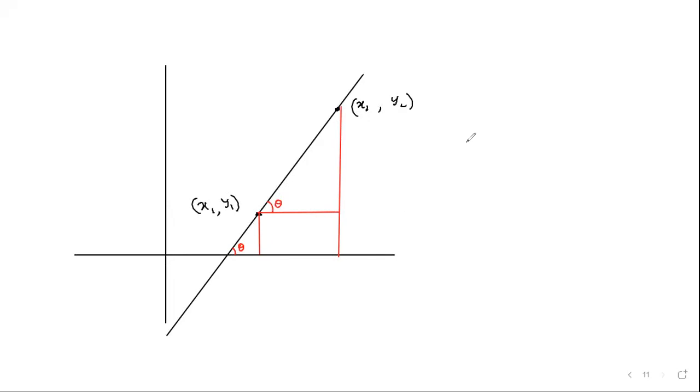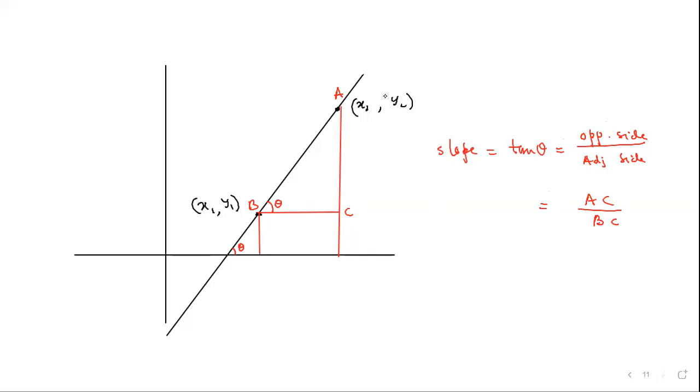And slope will be tan of the angle theta. And tan theta is opposite side upon adjacent side. So suppose I call this A, B, C. That means it's length AC upon length BC. Can you tell me how much is this height?